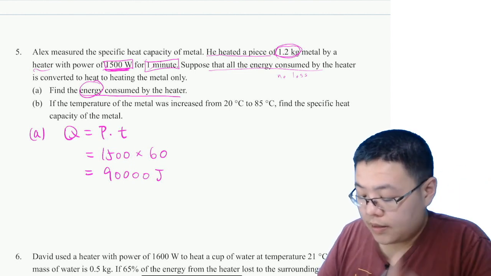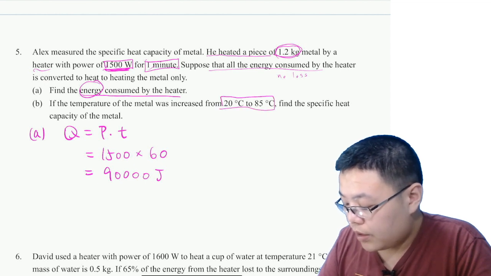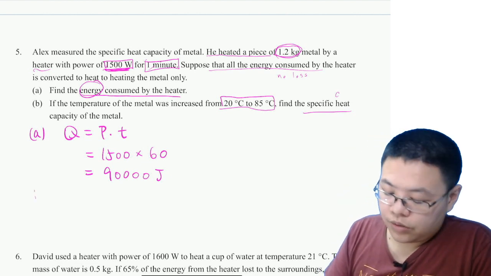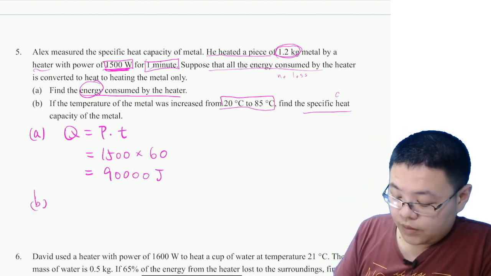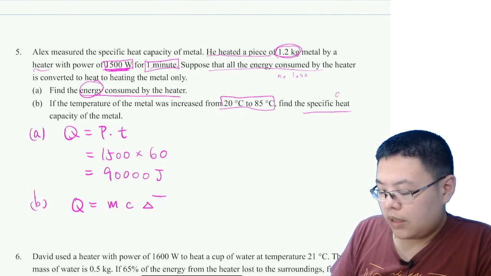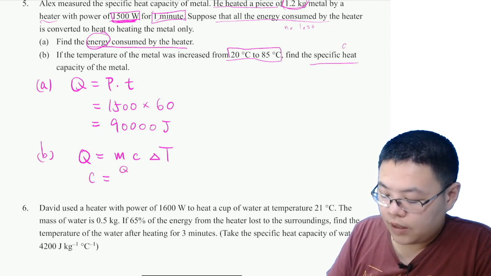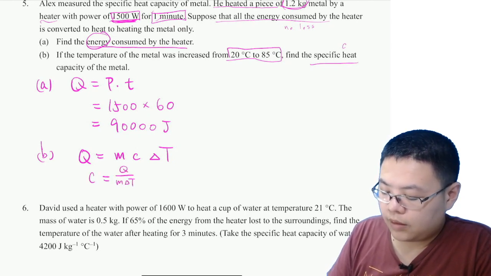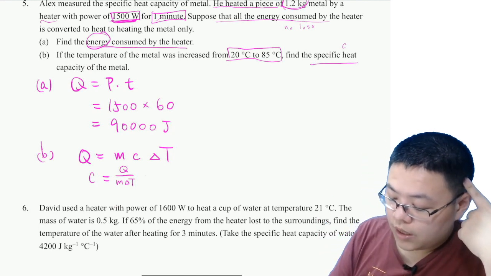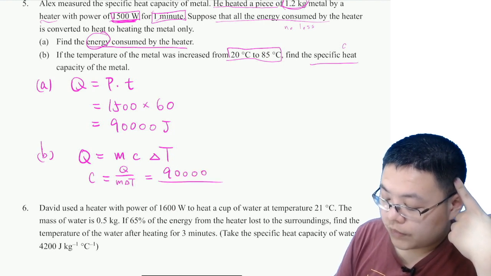Then if the temperature increases from 20 to 85, find the specific heat capacity, that is C. So part B, Q equals mc delta T, and making C the subject, we have Q over m delta T. And Q we have calculated, 90000 joule.